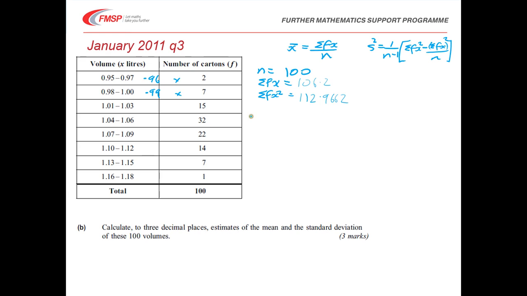Okay, so x bar comes out as 106.2 divided by 100, which is 1.062.